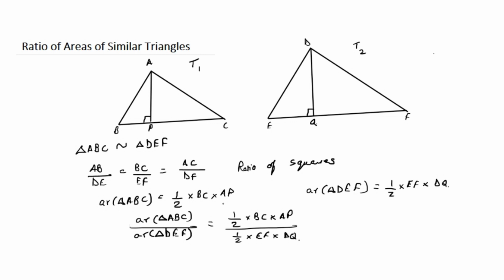The half and half get cancelled out, and what we are left with is BC over EF times AP over DQ. Since we are running a little short of space, I'm just going to save the things that I need and remove the other things.